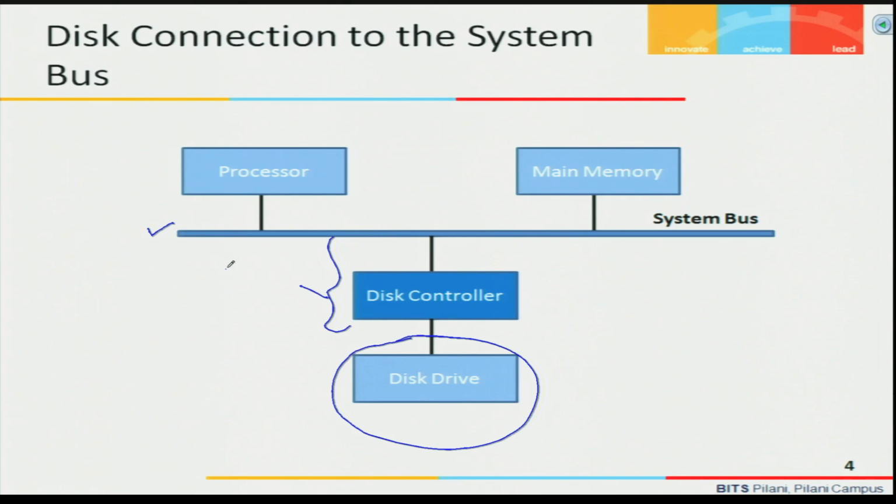So, this disk controller works as an interface between the system bus and the disk drive. This controller takes care of the speed mismatch, the data transfer rate mismatch between the system bus and the drive which is connected to it.